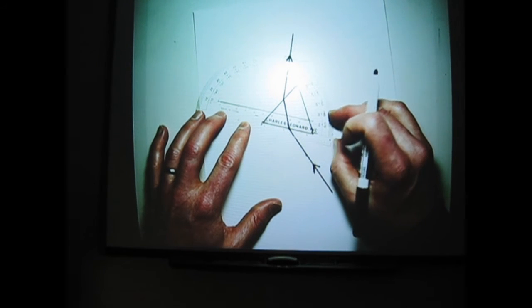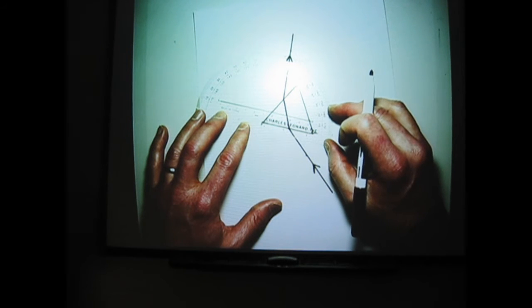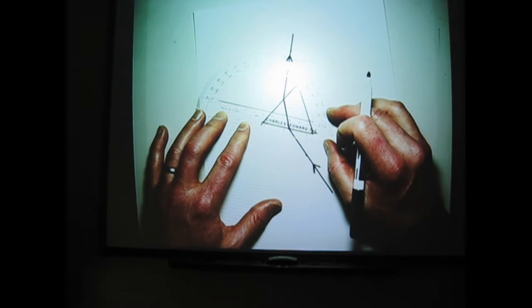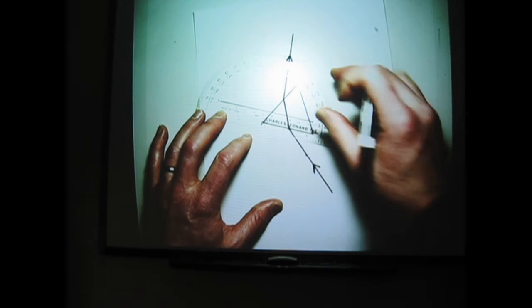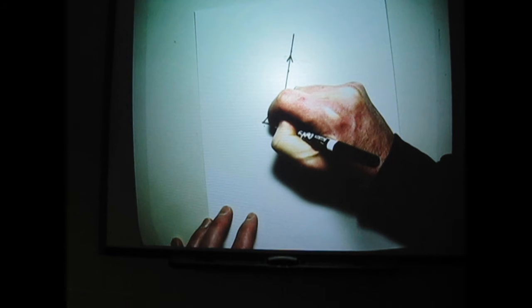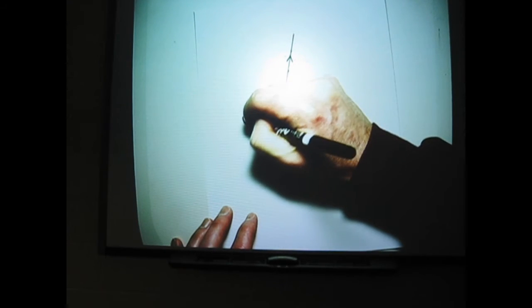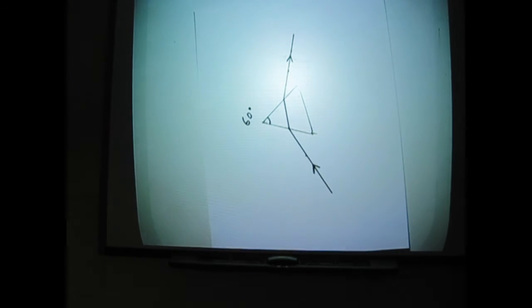Okay, so if I measure this, yeah, I'm getting pretty much 60 degrees. So I'm going to call it 60 degrees. So this, again, is the prism angle, and that measurement is 60 degrees. Okay.